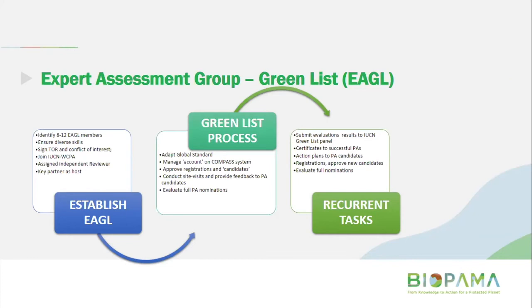Usually it's a group of 8 to 12 people that had to follow an approval process based on the information they submit in the application to become an EAGL member, and that provide very important guidance and supervision of the implementation of the green list until the area could be recognized as well managed and meeting the standard of the green list, which automatically means to become part of the green list family.